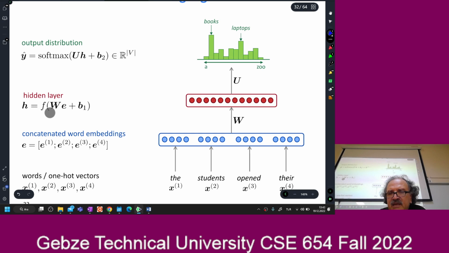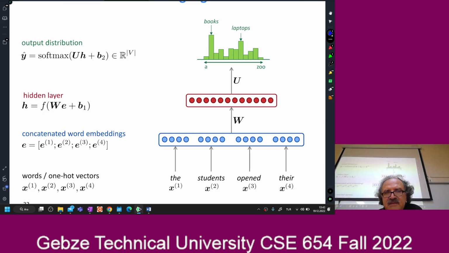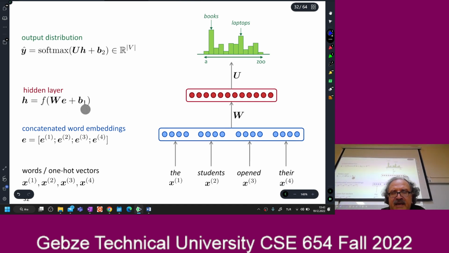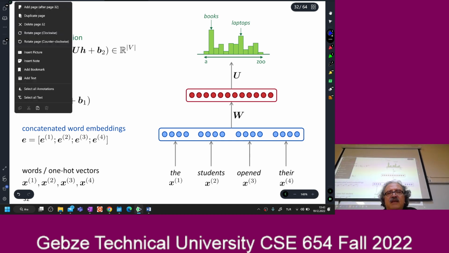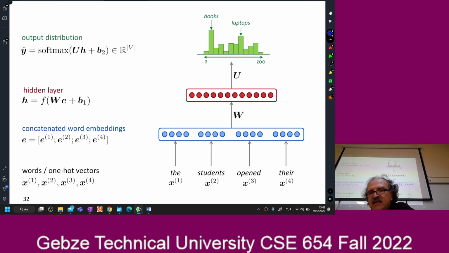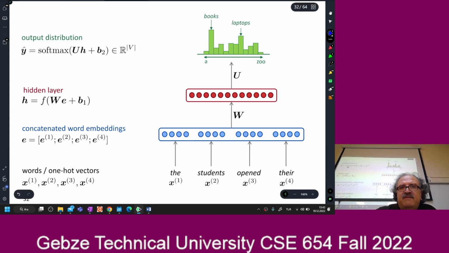This hidden layer is, okay, W is my weight matrix, and this is my input, E, and this is my bias, and I feed it through some kind of a nonlinear function, and the most widely used nonlinear function is ReLU, rectified linear unit, and then we have the softmax.